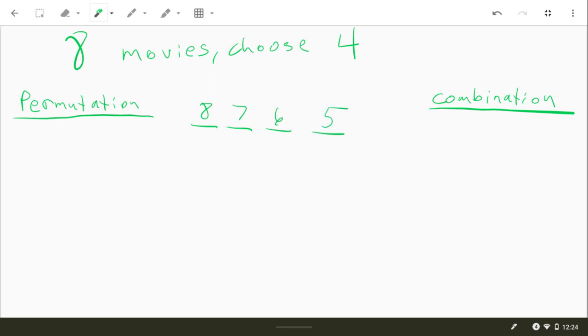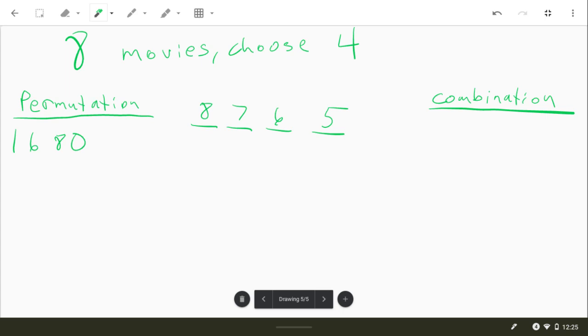And then for your fourth choice, you have 5 options. So if I multiply these all together, 8 times 7 times 6 times 5, there's 1,680 options. That's all the possible permutations.